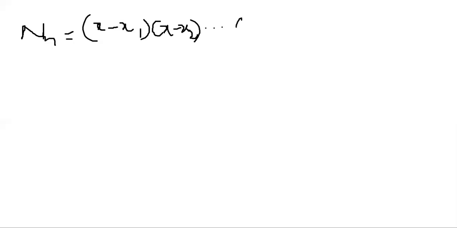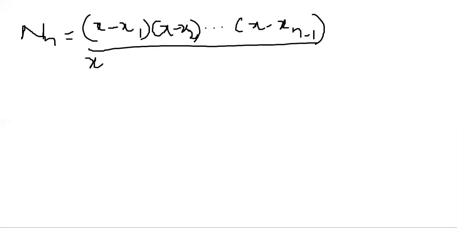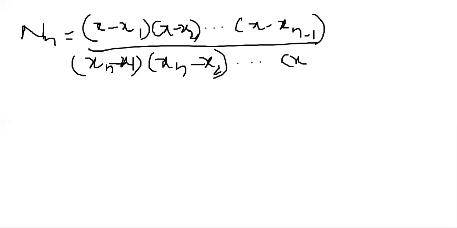Similarly, Nn, we may write it as shape function n: x minus x1, x minus x2, so on, x minus xn minus 1, divided by xn minus x1, xn minus x2, so on, xn minus xn minus 1.